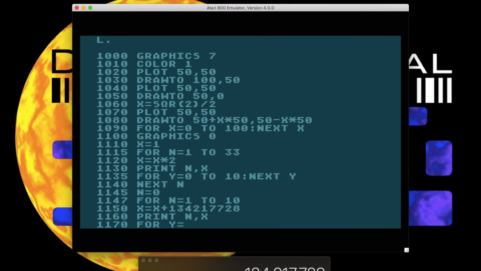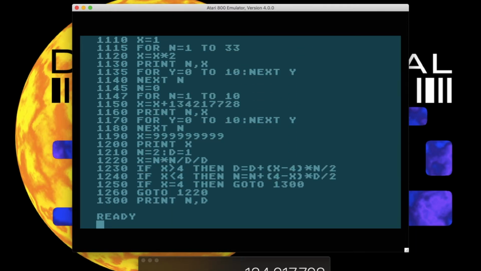Actually, we're finding the wrong number. It's squared, so we need 2. X is greater than 2 instead of 4.